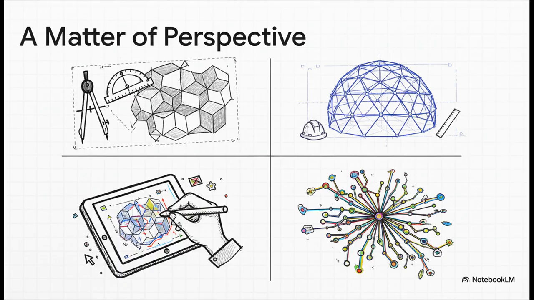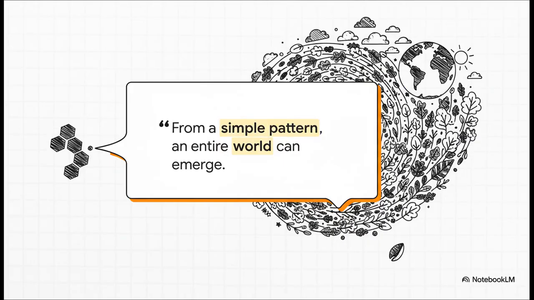Or what if it's a map of some hidden system in nature? Like a crystal growing or even a neural network. The truth is, it could be any of those things or all of them. What really matters is the universal truth it shows us, that from a simple pattern, a whole world can just emerge. It's like from one single seed, an entire forest can grow.